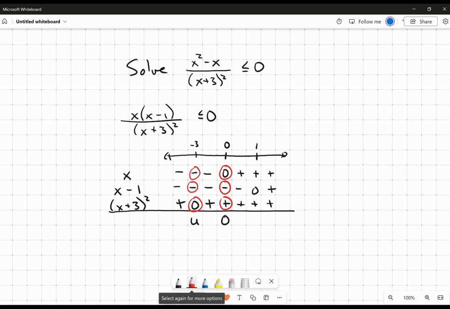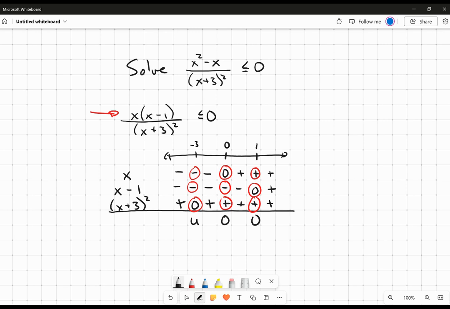Over here at 1, I've got a positive in the numerator, a 0 in the numerator. And bear in mind, when I say numerator here, it's because x and x minus 1 are both in the numerator. X plus 3 squared is in the denominator, and that's where it's positive. And that's going to leave me with another 0 there.